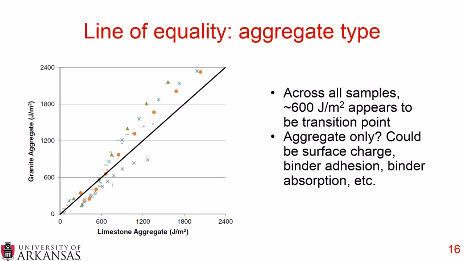So across the samples, 600 joules per meter squared appears to be some sort of transition point. And while we see this with aggregate, it also could be a function of the surface charge, a function of the binder adhesion, a function of binder absorption. There's a lot of different reasons this could be happening, but the fact that 600 seems to be an important number is quite interesting.